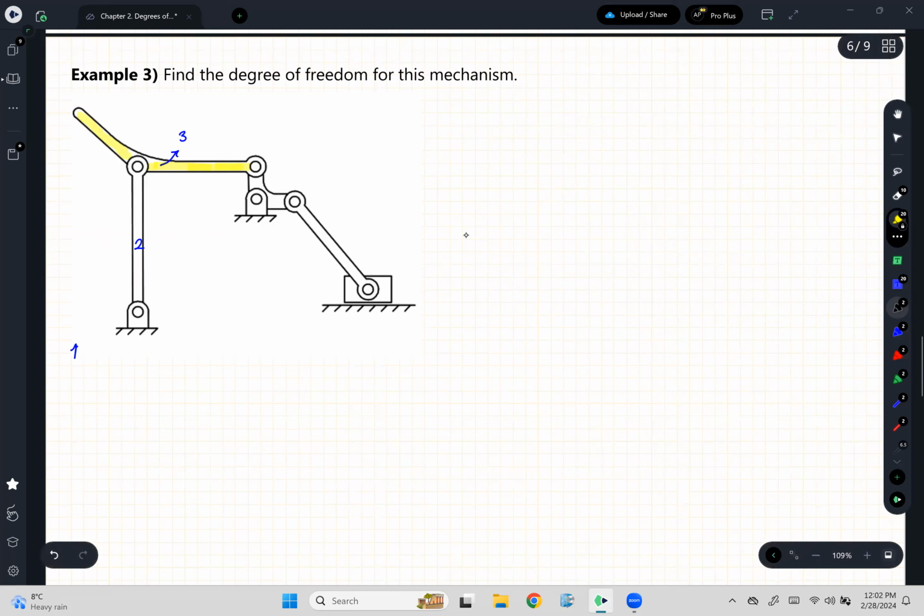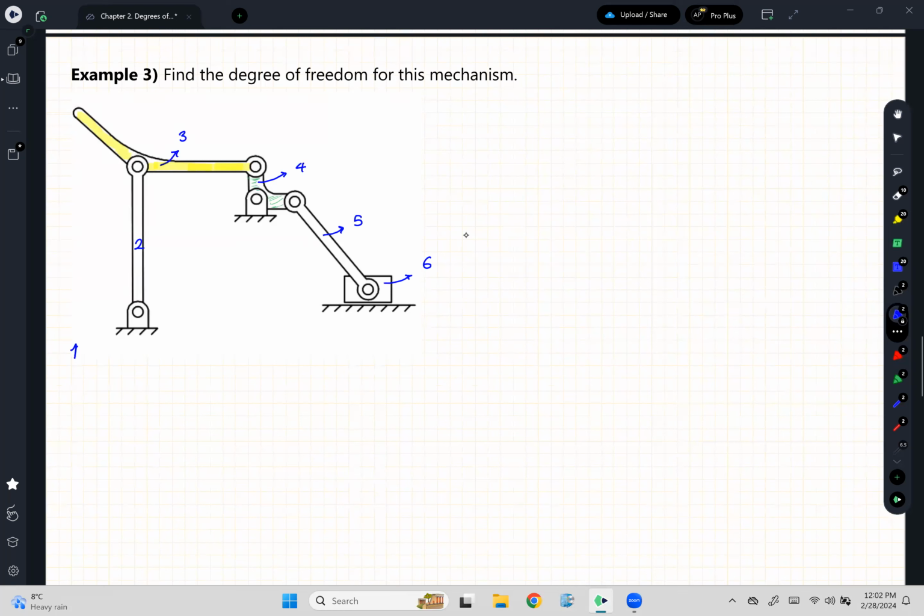And then what else? This is link number 4. Also pay attention, this entire thing is link number 4, right? And then what else? This is 5, and this box is 6.